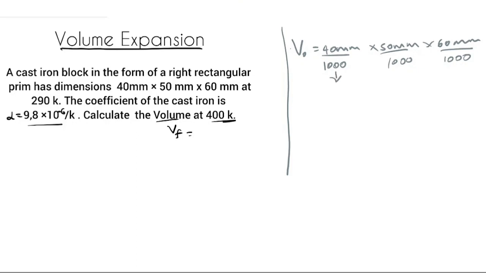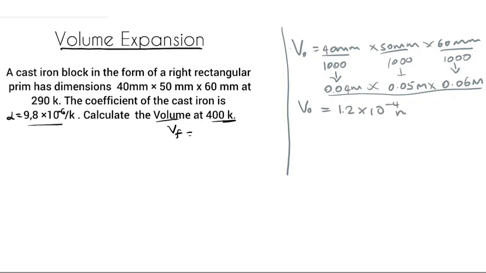Then it's going to give 0.04 meters times 0.05 meters times 0.06 meters. Then the initial volume, when you multiply all this, is 1.2 times 10 to exponent -4 cubic meters. That's the initial volume of this cast iron block.